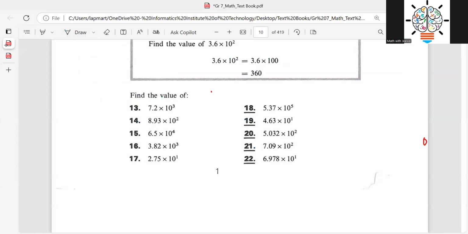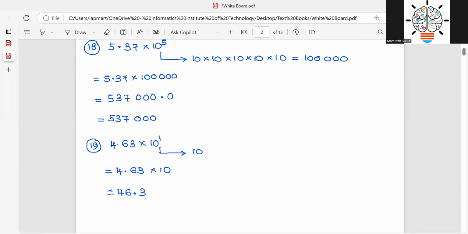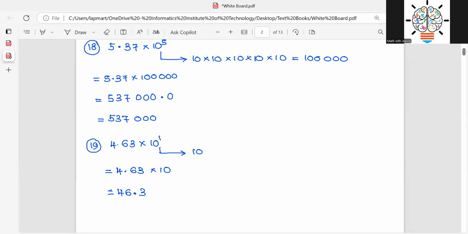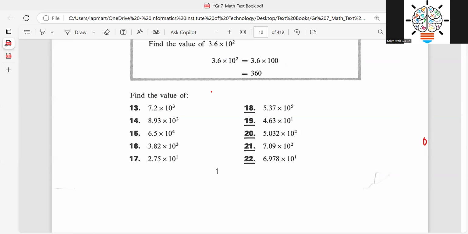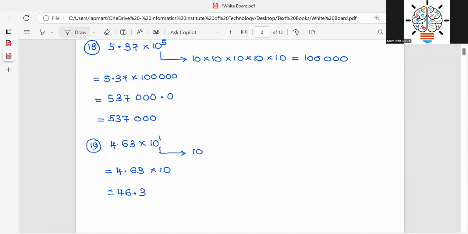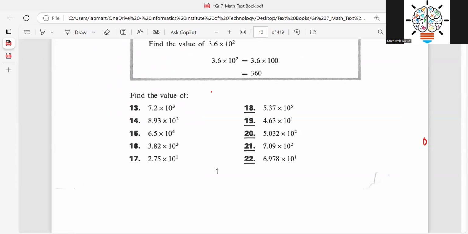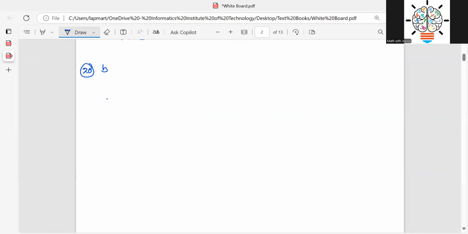The first one, 5.37 multiplied by 10 to the power of 5. And the next one, 4.63 multiplied by 10 to the power of 1. So then the next one, 5.032. So then I'll move to the next one. Question number 20. 5.032 multiplied by 10 to the power of 2. 10 to the power of 2 means 10 multiplied by 10.